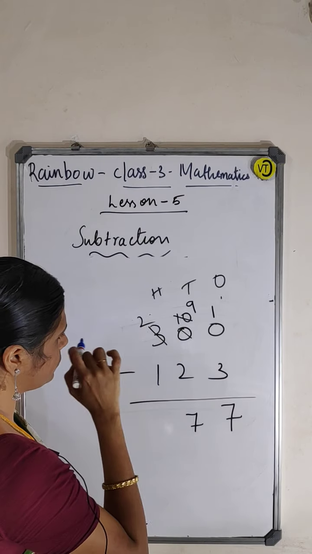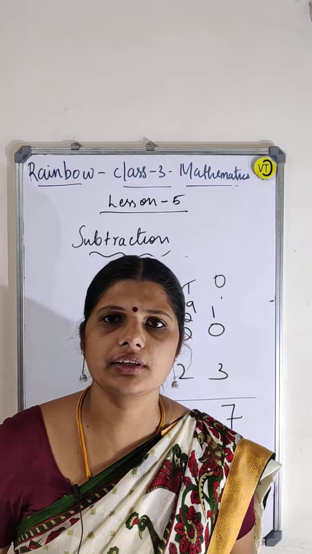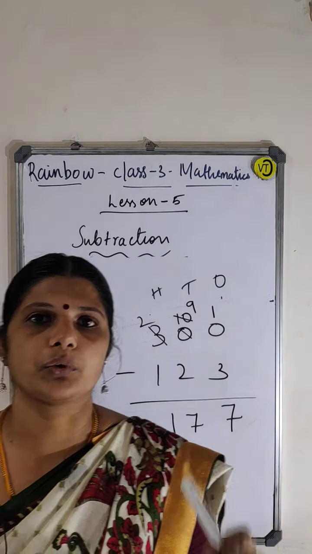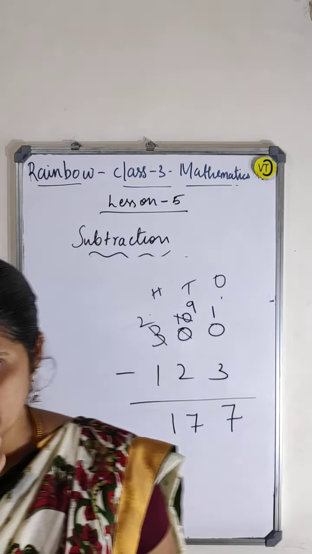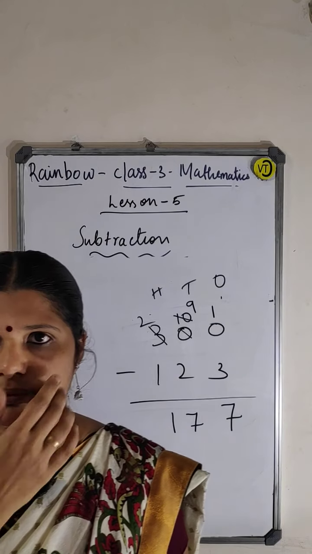The hundreds becomes 2. 2 minus 1 is 1. 177 is your answer. So 177 more pages to complete the book. You understand, guys? This concept is a little bit different, right?